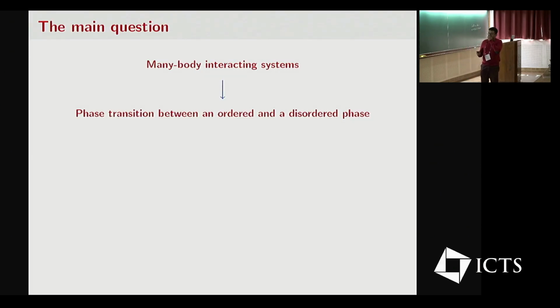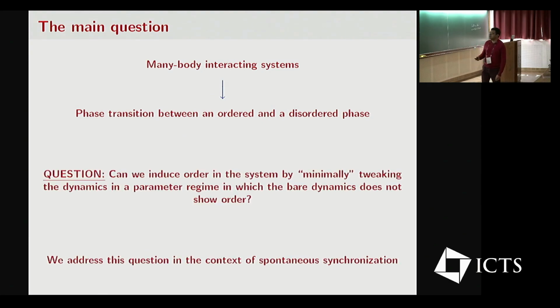Okay, so the main question that we want to address is the following. Suppose you take a many-body interacting system that shows a phase transition between an ordered and a disordered phase, and suppose you are in a regime in which the system doesn't like to order on its own. In that regime, the question that we ask is, can we induce order in the system by minimally tweaking the dynamics, in a way that I'll tell you how to do.